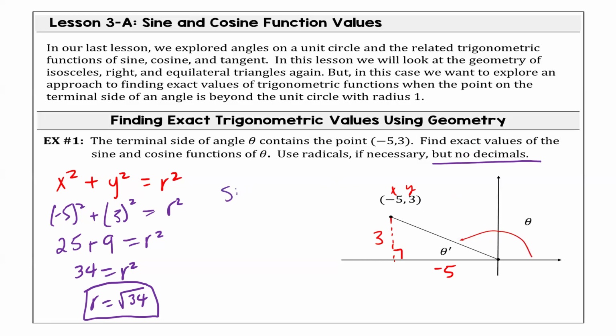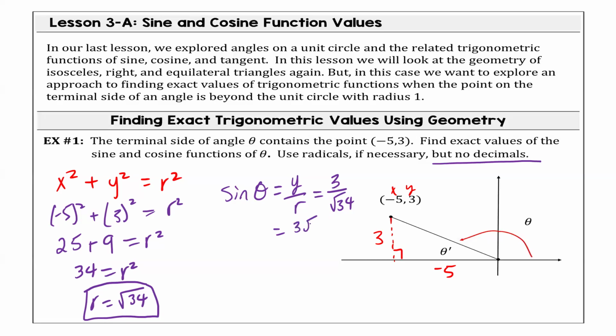To find your sine of theta, remember sine theta equals y divided by r. What is my y? What is my r? Square root of 34. So therefore, sine of theta equals what? What are we not allowed to have? A square root in the denominator.